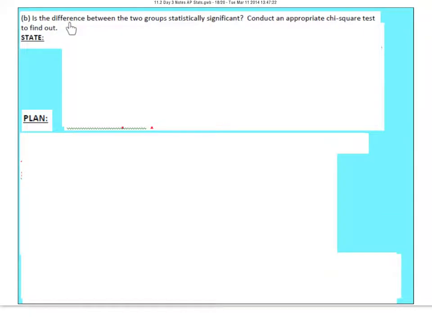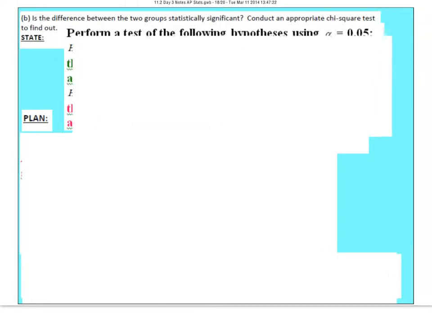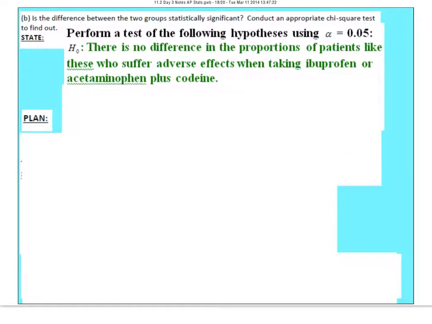Part B wants to know, is the difference between the two groups statistically significant? Let's conduct an appropriate chi-square test to find out. Then we'll come back and actually do the difference of two proportions. So for chi-squared, we're going to do a hypothesis test and use alpha of 0.05. Our null hypothesis is there's no difference in the proportion of patients who suffer adverse effects taking ibuprofen or acetaminophen.